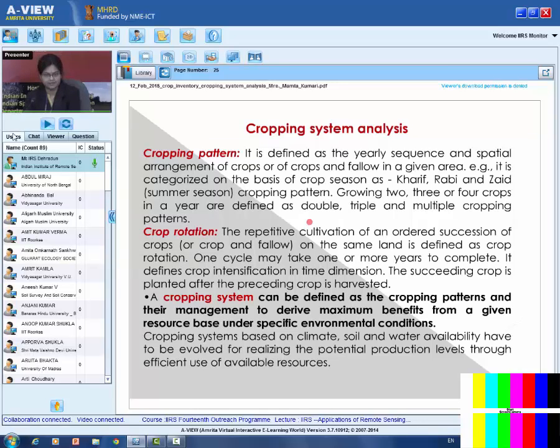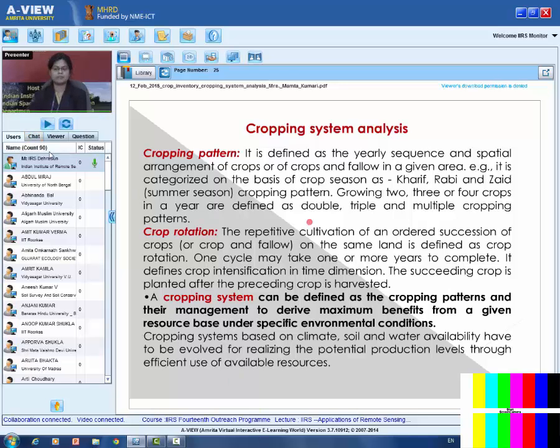Then cropping system. So first, what is a cropping system? Actually, I think it is the yearly sequence and, most importantly, the spatially arranged crops or crop and fallow in a given area. What kind of cropping pattern is there is totally dependent on how many crops we have taken in the season, how many we have taken in a year, and what is the spatial distribution of that crop in an area.